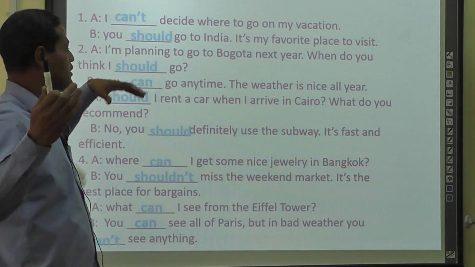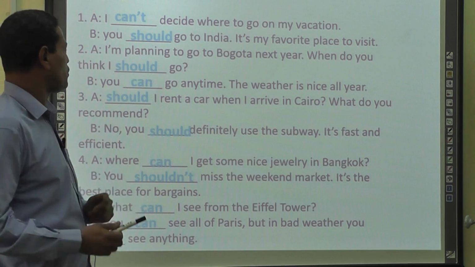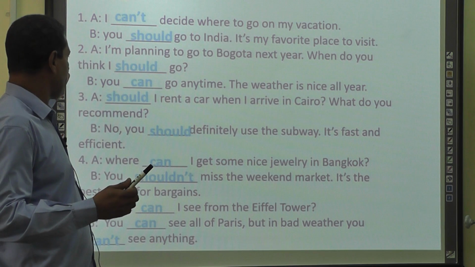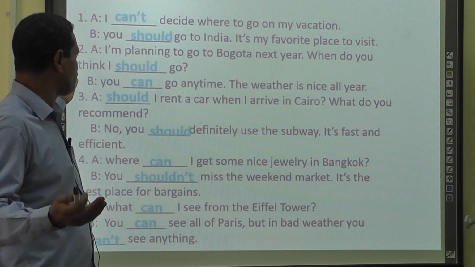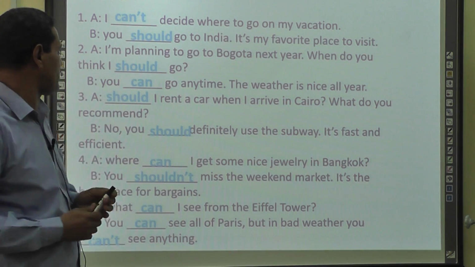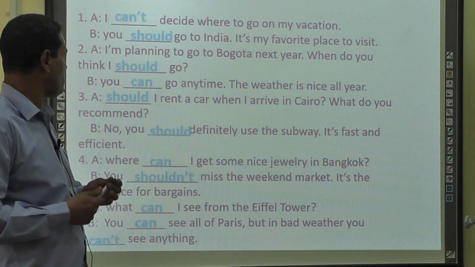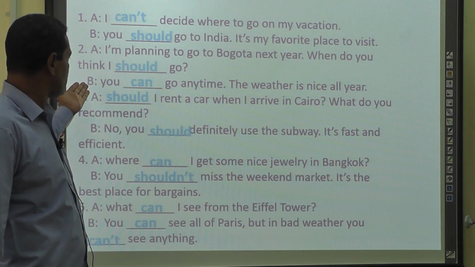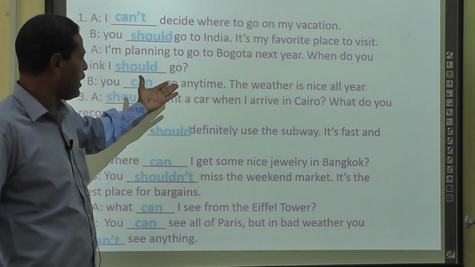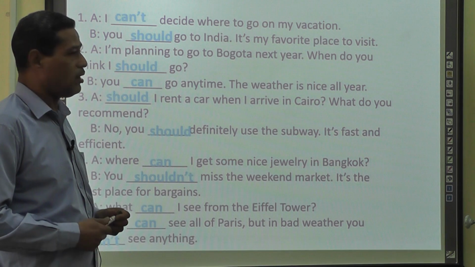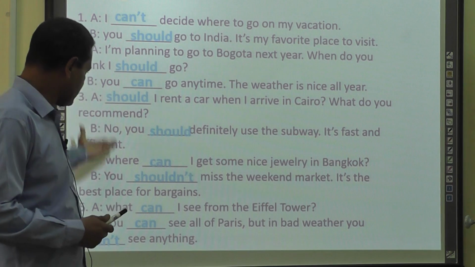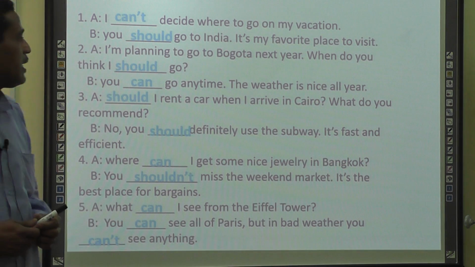He's not sure about the time of the year to go there. So that's why he asked for advice about the best time in the year to visit Bogota. So the person answered, you can go anytime. The weather is nice all year. And the same for the rest of the examples.